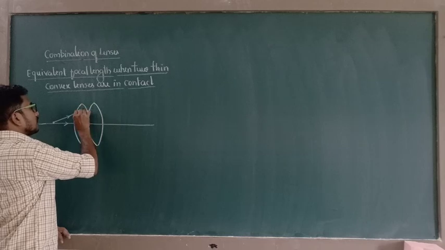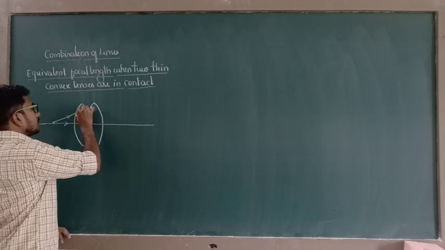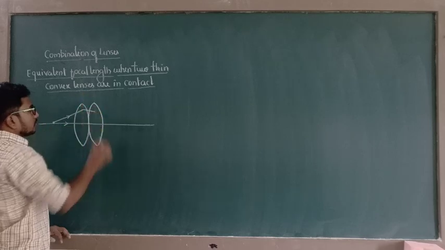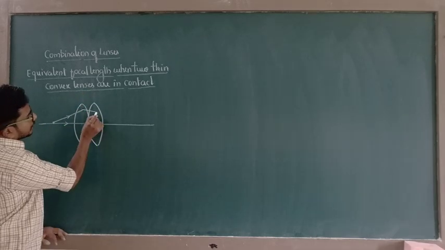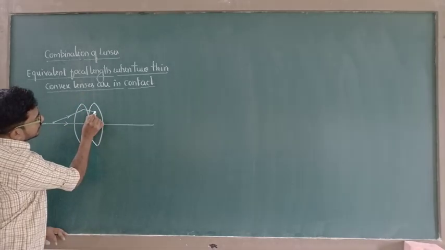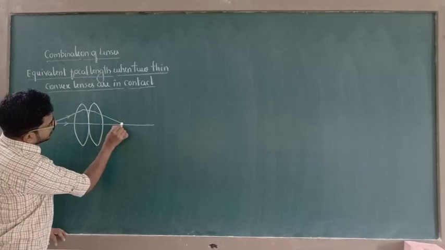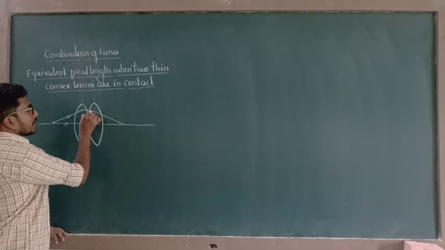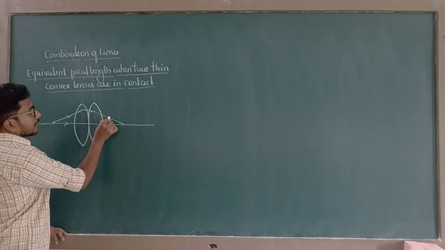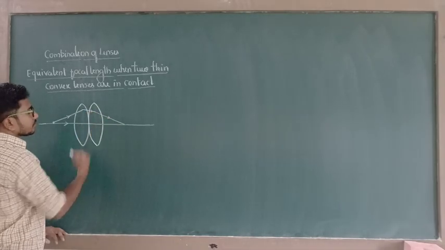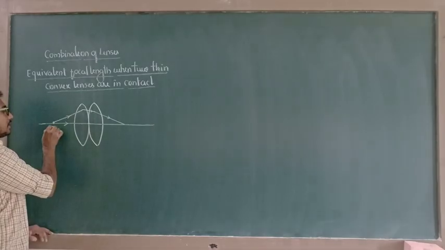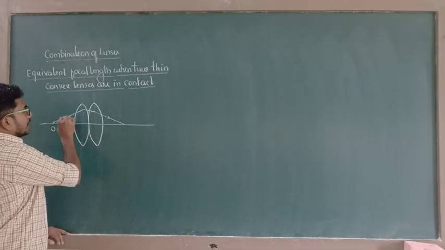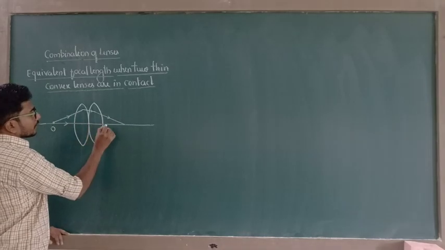Then it undergoes a refraction, and finally it meets the principal axis at this point. Direction of a refracted light ray. Let us say OB, the object, lies on the principal axis. Finally, these two refracted light rays.